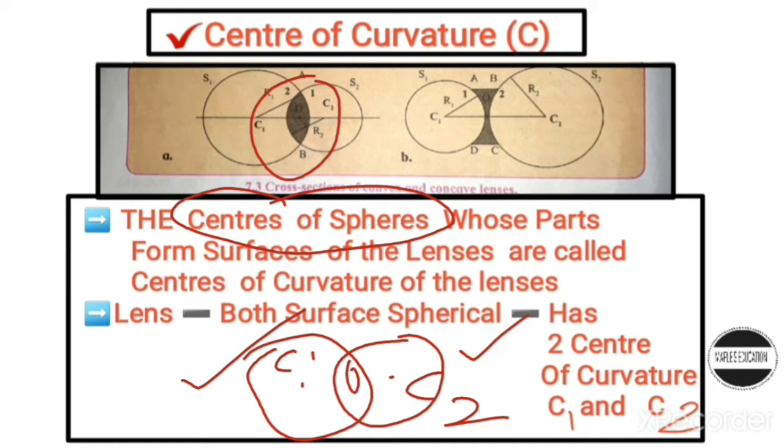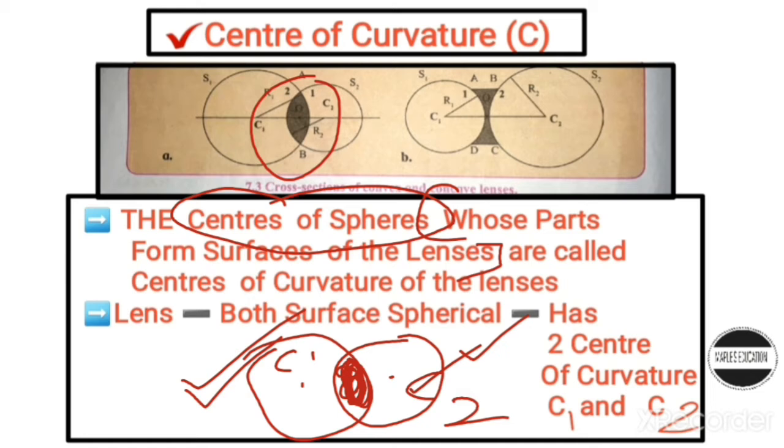So you can see this middle part, right? So what does the definition further say? Whose part forms surfaces of the lens. You can see now, this is the part of my spheres that is forming the surface of my lens. So this C1 and this C2 are called the centers of curvature.